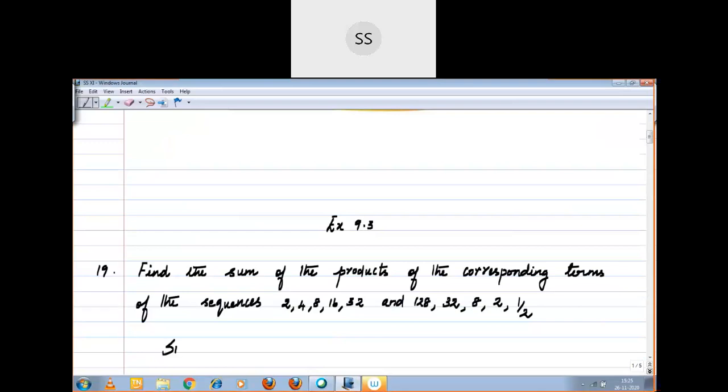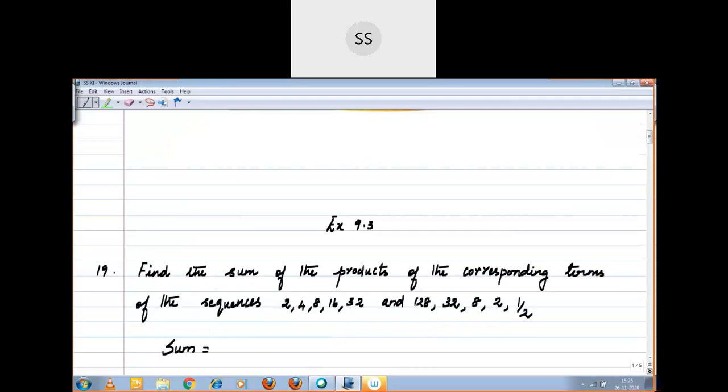Sum equal to, they said product of the corresponding terms. That means 2 will match with 128, 4 matches with 32, 8 matches with 8, 16 matches with 2, 32 matches with 1 by 2. Sum of the product means in between you apply the addition symbol.